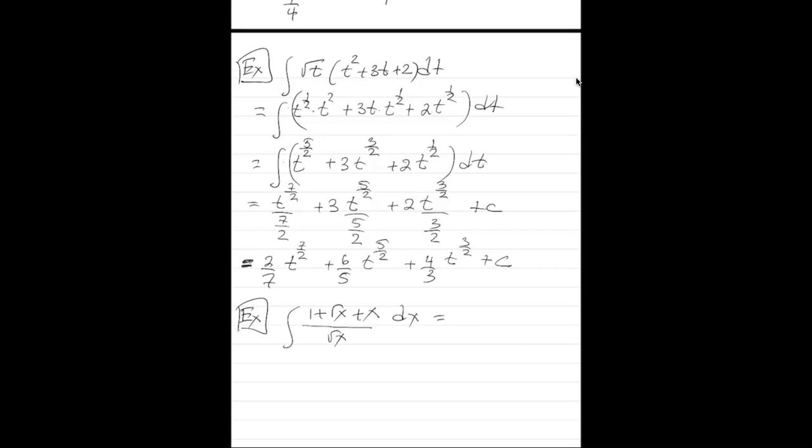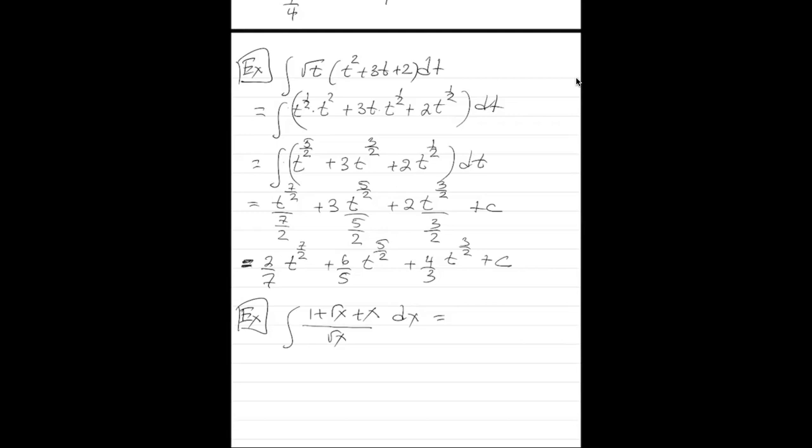So I'm going to divide each term by square root of x and simplify. Okay, so that is x to the negative 1/2. We want to write this as a power function. And then these two cancel, so plus 1. And then plus x to the 1/2.